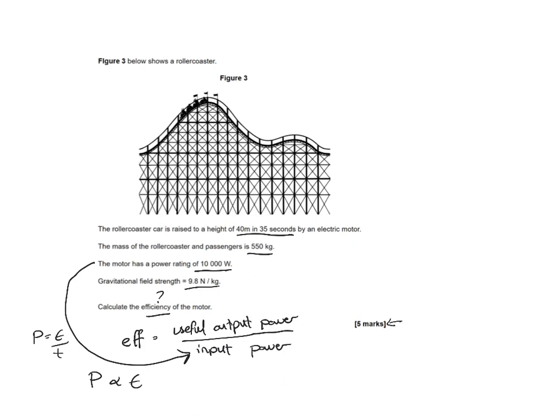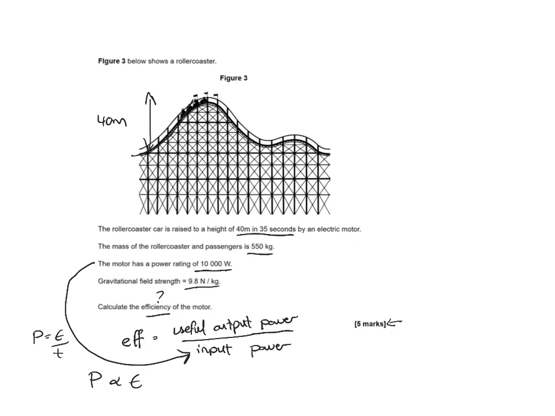Now, I know that the motor operating the roller coaster took 35 seconds to raise it. Let's say this is my 40 meters. So it took the motor 35 seconds to raise it by 40 meters. It gives me the mass of the passengers and the roller coaster, as well as the gravitational field strength. It gives me the height.